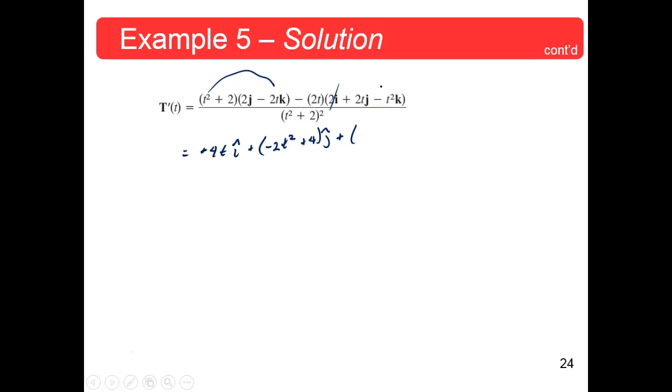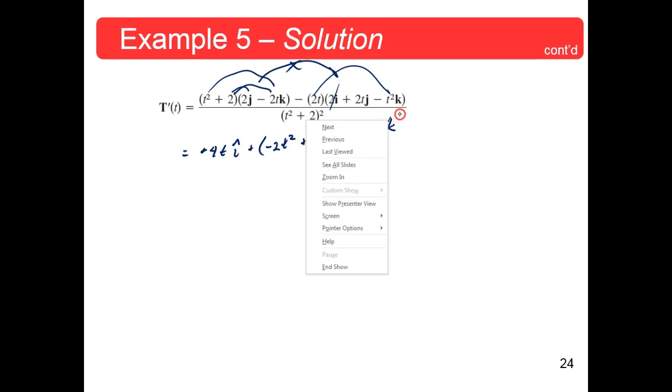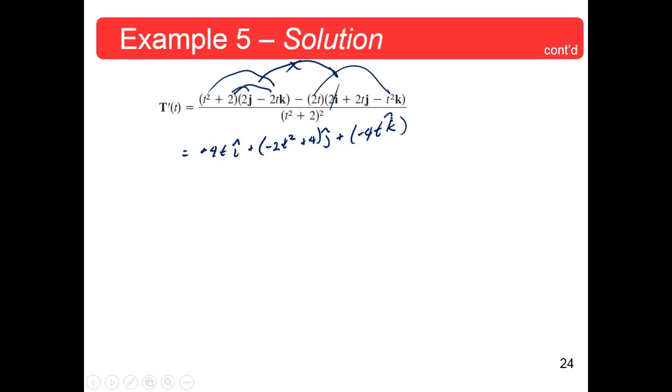So those go away. These two here cancel out. They add to 0. So all we've got left is a minus 4tk. I sure hope I got that right this time.